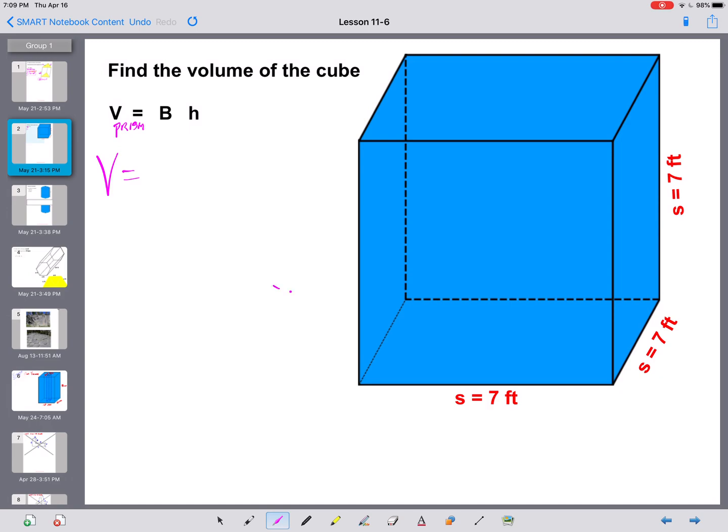So here it is: 7 feet squared, times the height. What's the height of the whole cube?